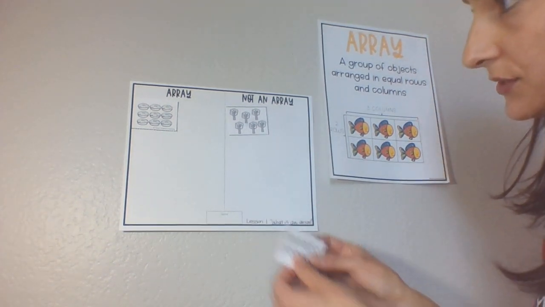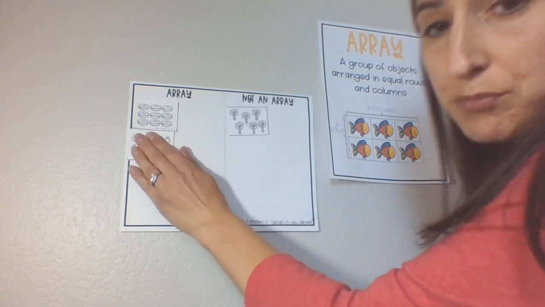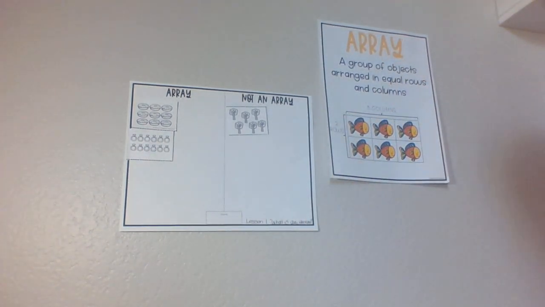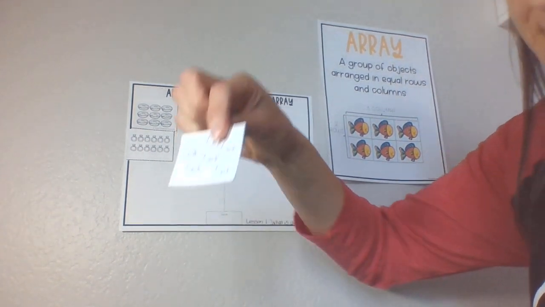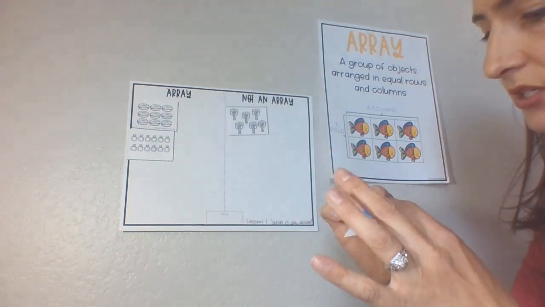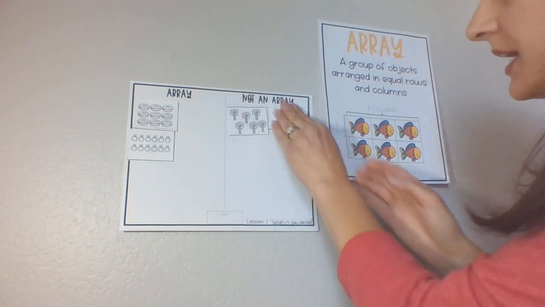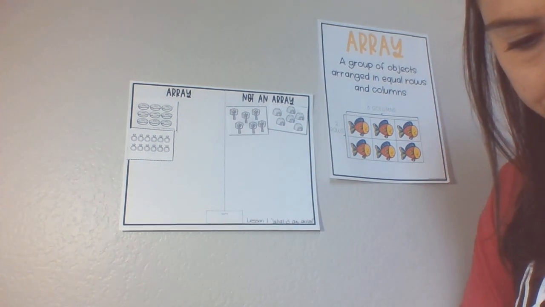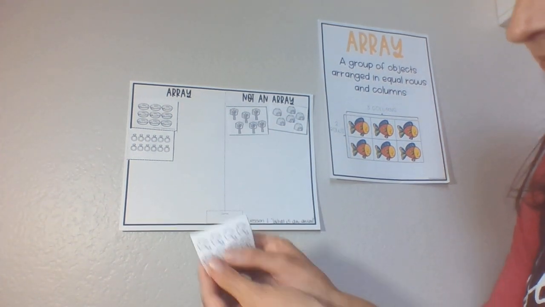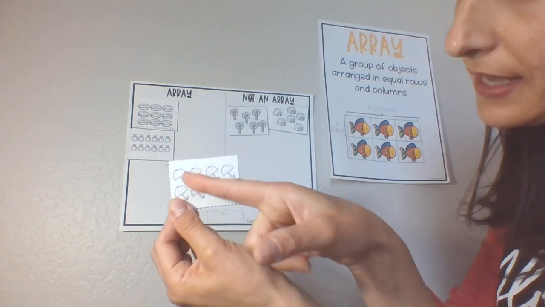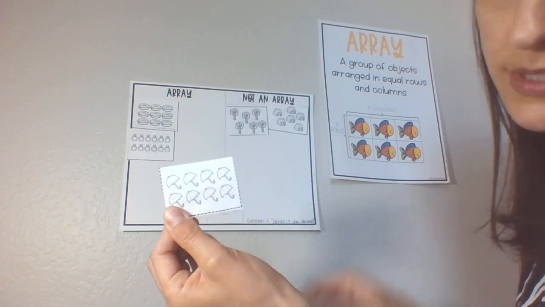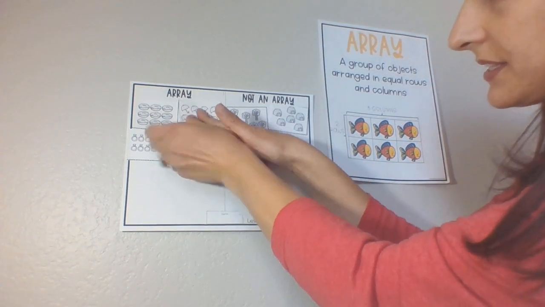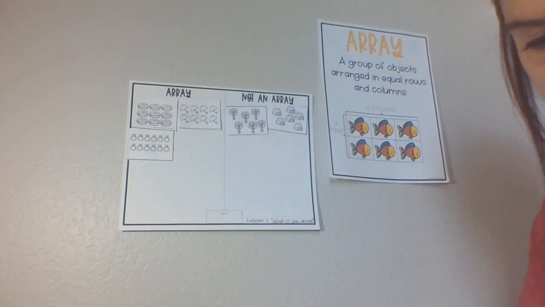All right, boys and girls, that's an array, those beautiful diamond rings. These igloos, they're not arranged in an equal way, not organized, not an array. Oh, these cute umbrellas, yep, they are in equal rows and columns. That is an array.